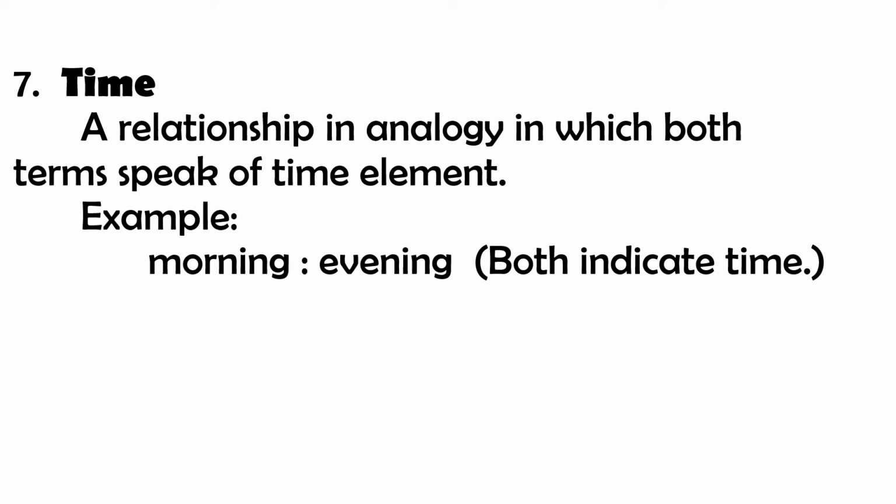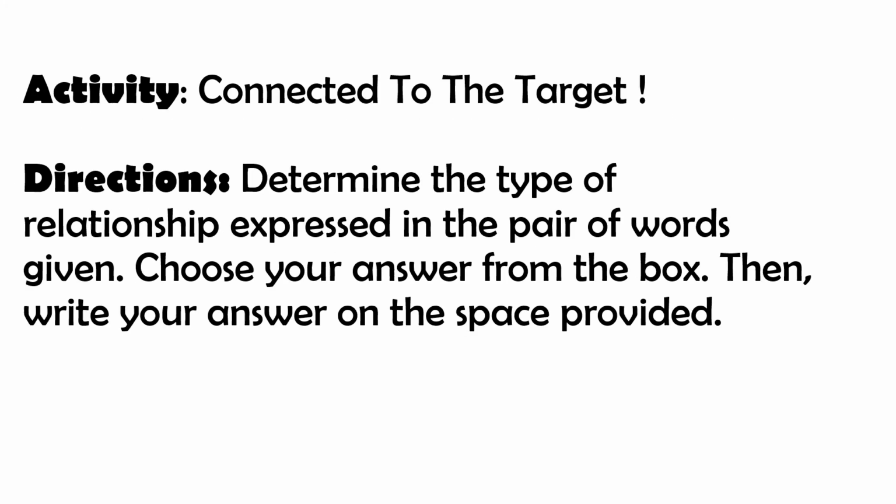Okay, so let's answer the activity. This activity is entitled Connected to the Target. All you have to do is to determine the type of relationship expressed in the pair of words given. Choose your answer from the box, then write your answer on the space provided.